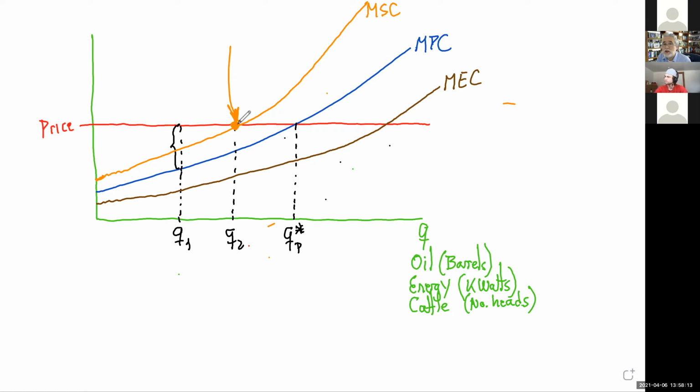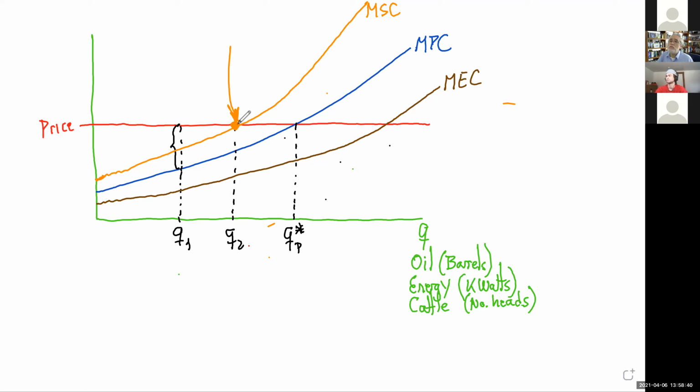And therefore, when you add up both the blue and the brown curves, you end up with the marginal social cost, and therefore why we have a difference between the private optimal, which is Q asterisk, and the social optimum, which in this case would be Q2.